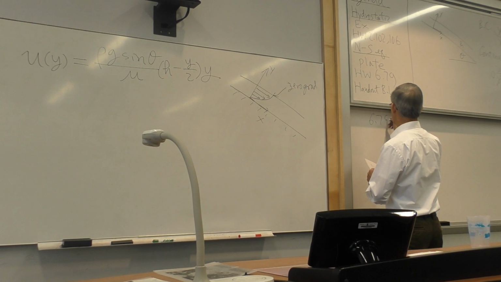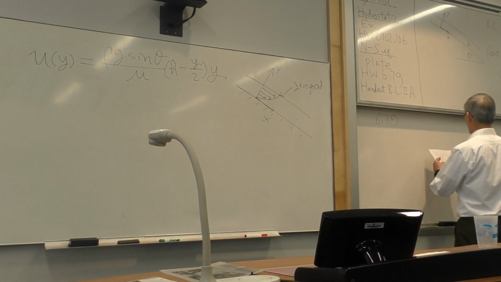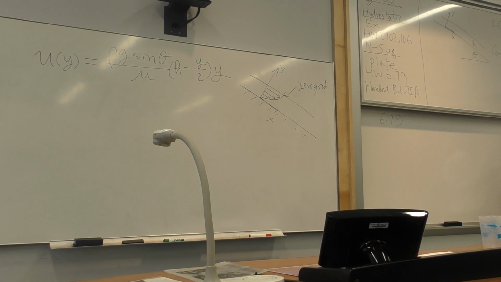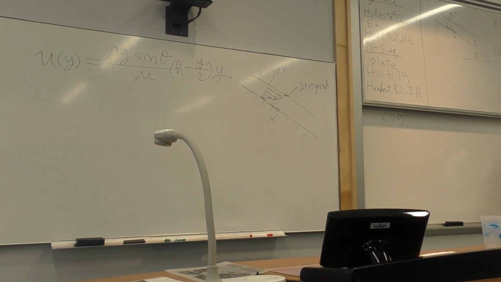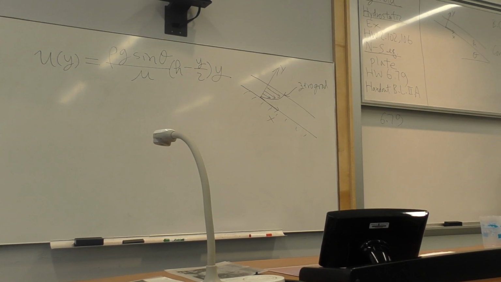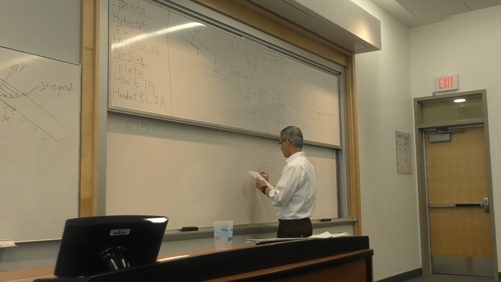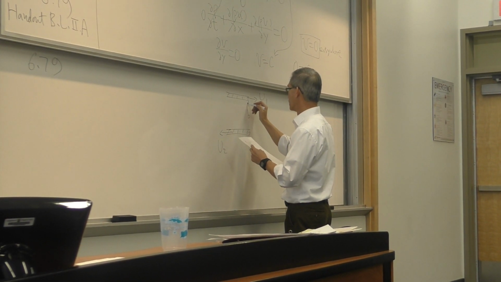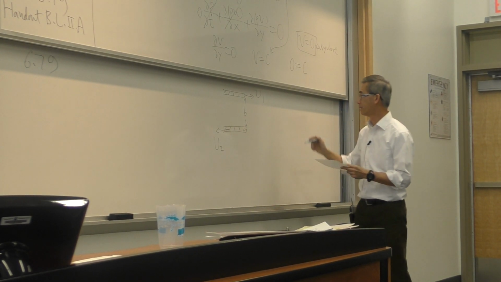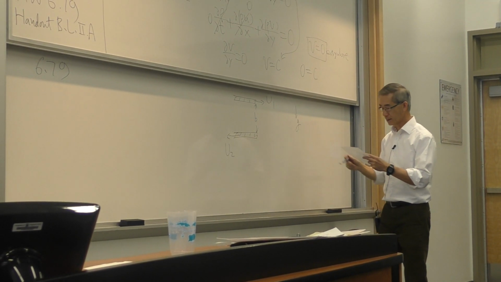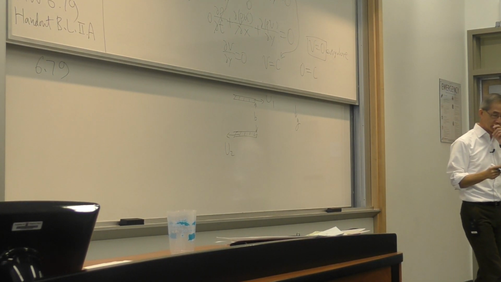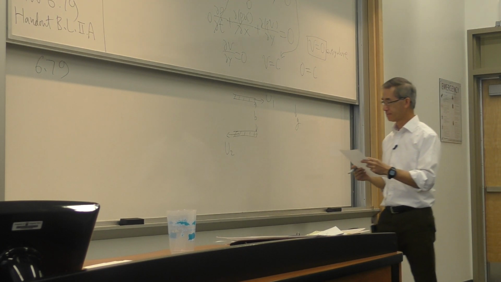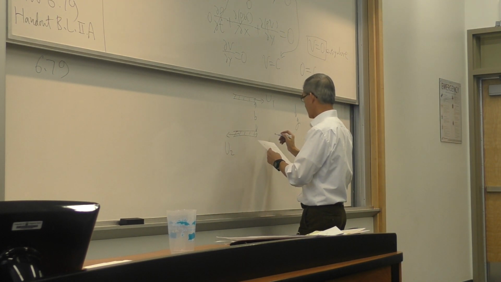So problem 6.79. I have two plates moving in opposite directions. And the gap between them is B. Gravity is not to be neglected. And you are told the plate is infinite.